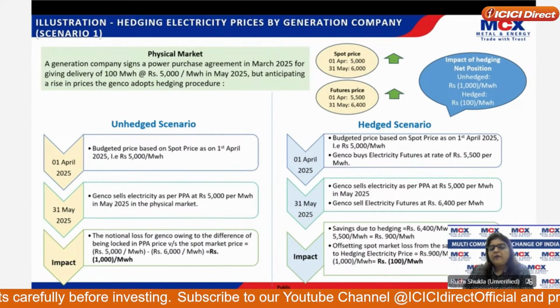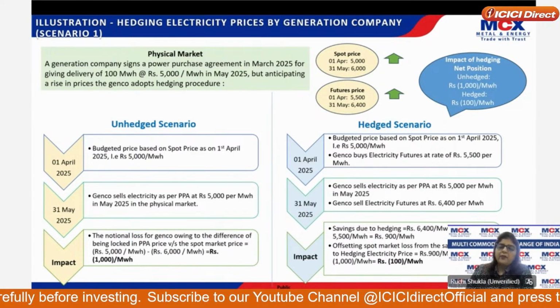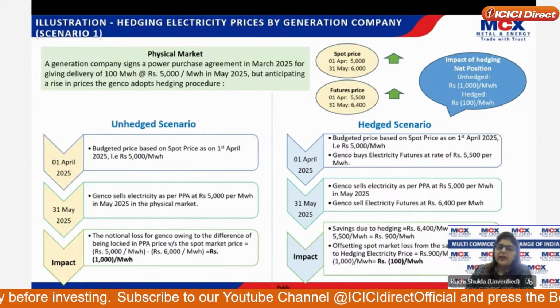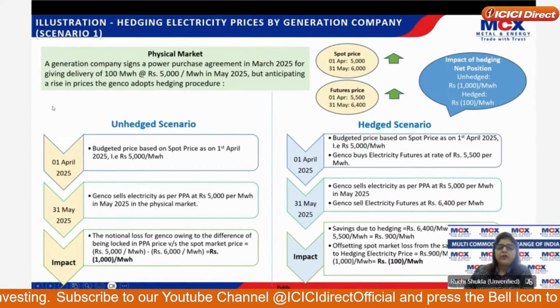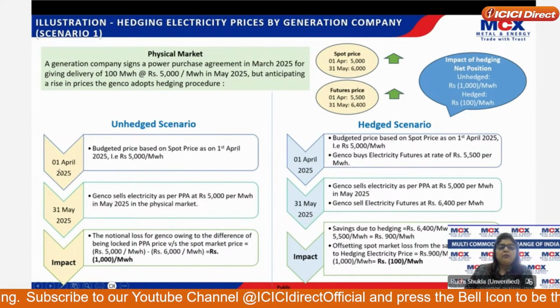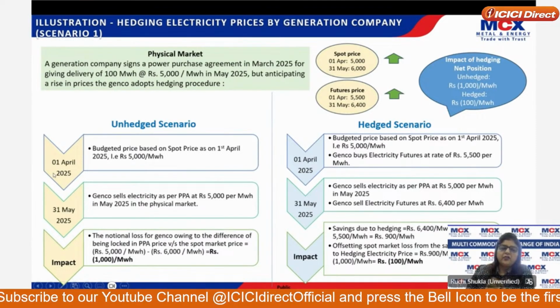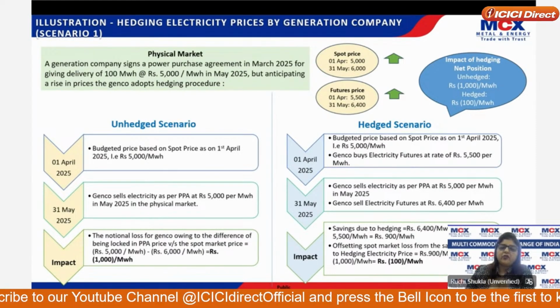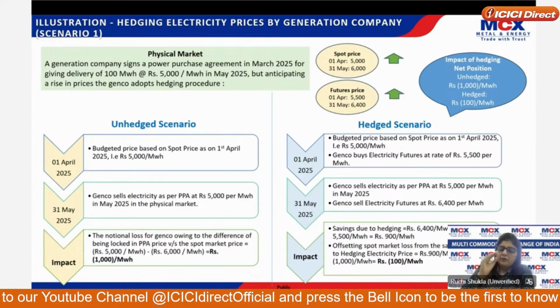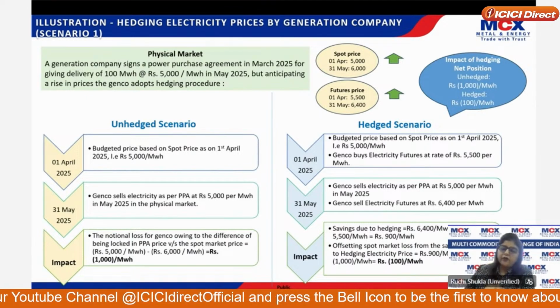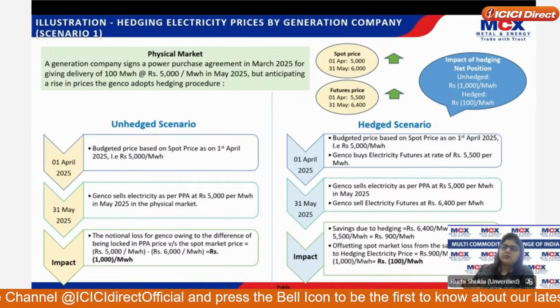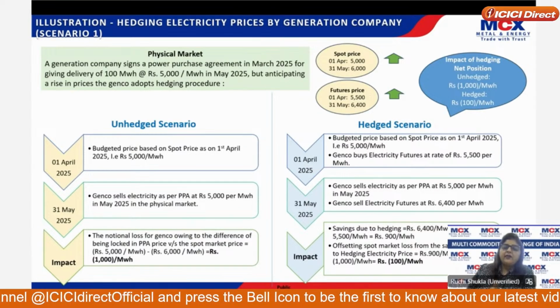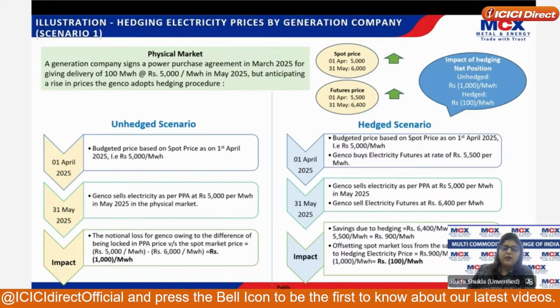Now, if the generator is operating in the physical market as is, an unhedged generator that does not do any hedge, what happens? On 1st April, they are preparing the budget, so they prepare it at 5,000 per megawatt hour. May month comes, they have to fulfill their obligation. The generator supplies the electricity at a rate of 5,000 per megawatt hour during the entire month.